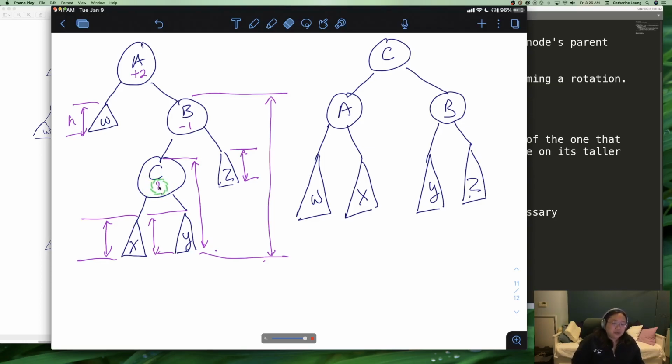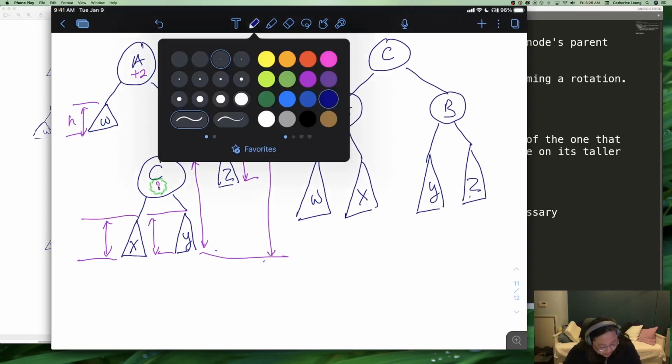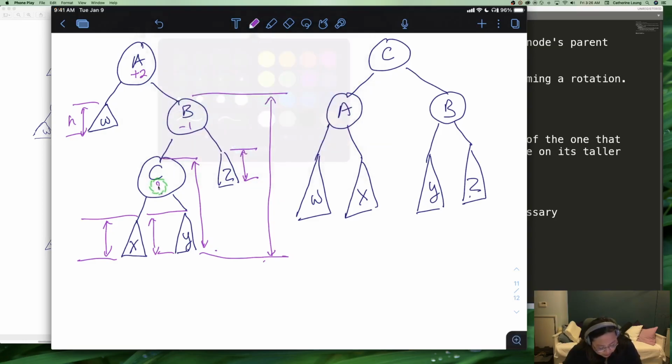What we do know is that C's initial balance is definitely plus or minus one, plus one, minus one, or zero. We don't know what it is, but we know it's one of those three.